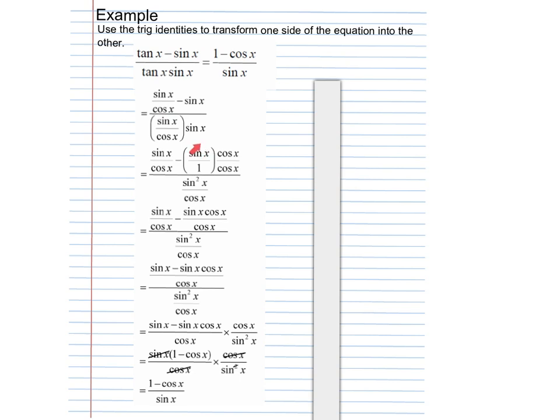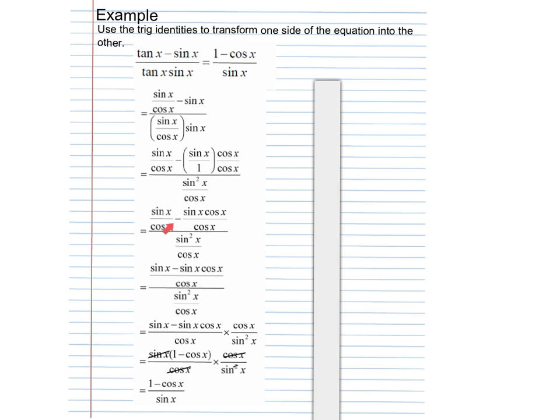So I multiplied this sine, top and bottom, by cosine. And then this, I just went sine of x times sine of x. There's no plus or minus sign, so I could just do multiplying. So I got sine squared x. And for the numerator part, I basically got sine of x cosine of x with the denominator of cosine.